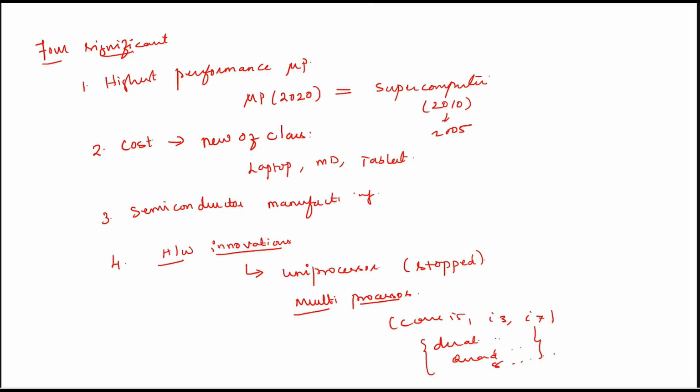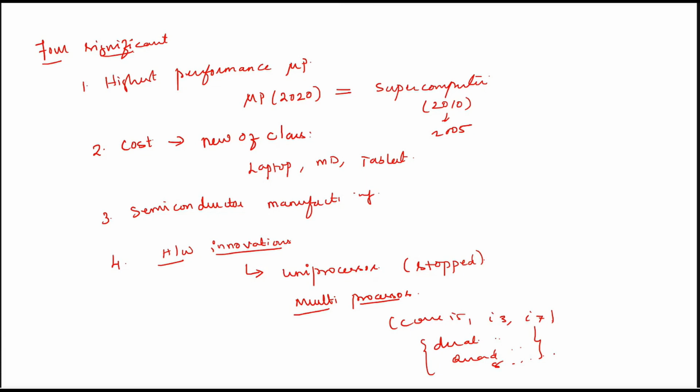The first one is performance. As I told you, even the mobile we have in our hand is much more powerful, maybe even more powerful than our laptop. The next is cost effectiveness and semiconductor manufacturing, and finally the hardware innovations.